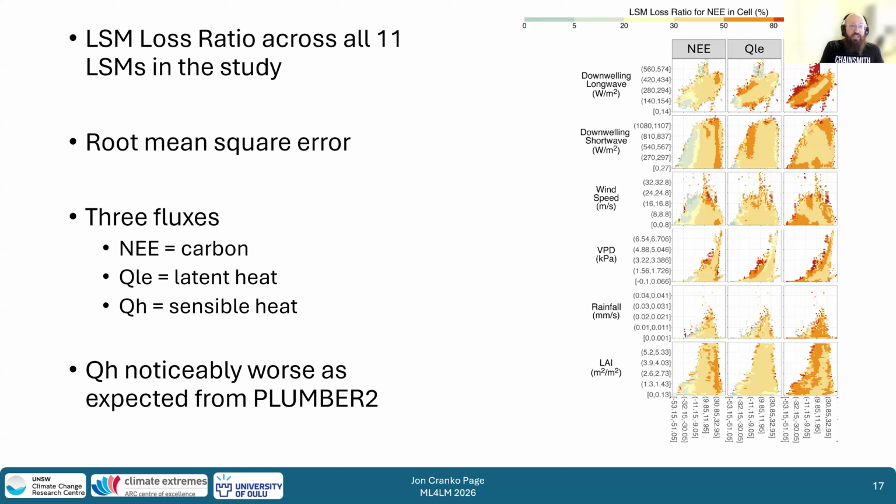And as you'd expect from the PLUMBER2 result, where models perform worse with sensible heat, you can see that these fingerprints contain a lot more orange and red. And you can see again that these mostly occur around the edge of these domains and the fingerprints. There's obviously a bit of orange elsewhere, but in general, mostly around the edge.